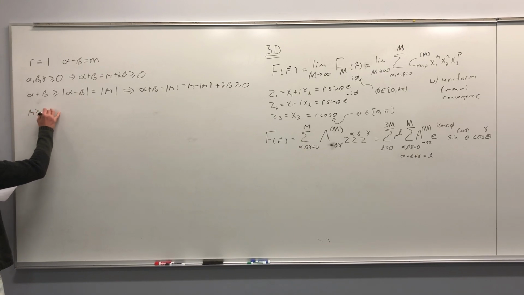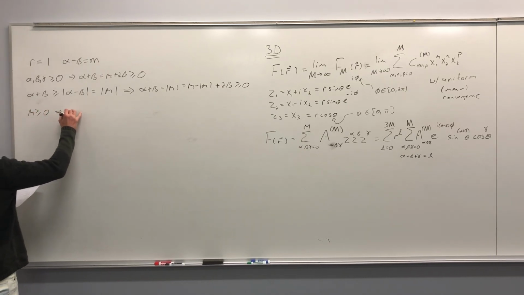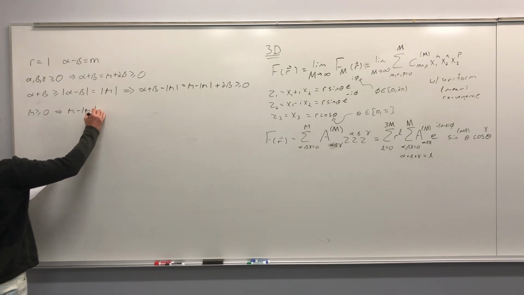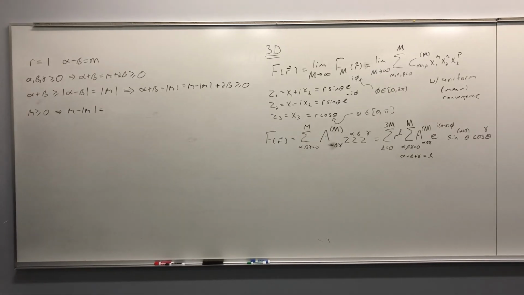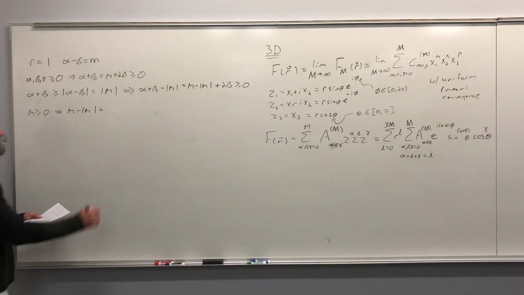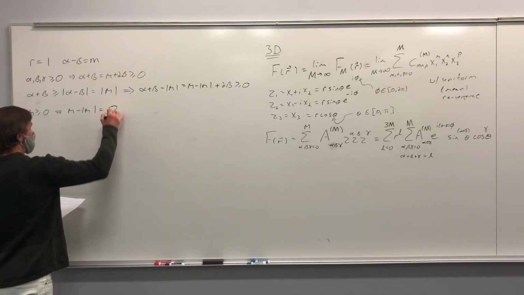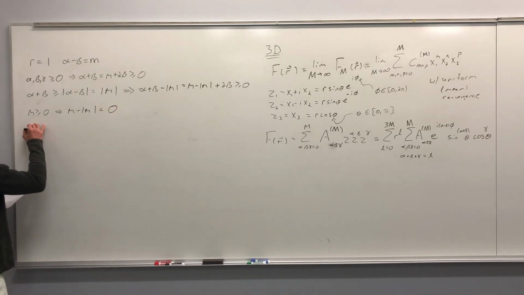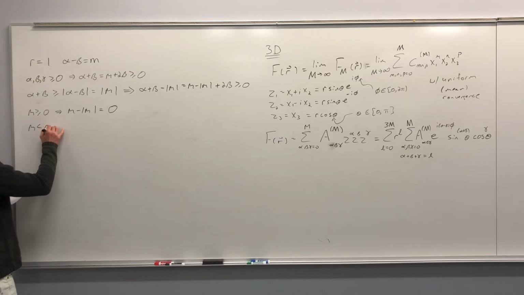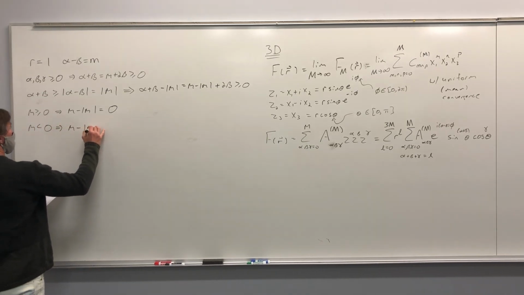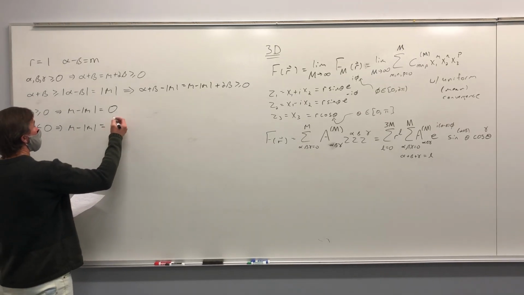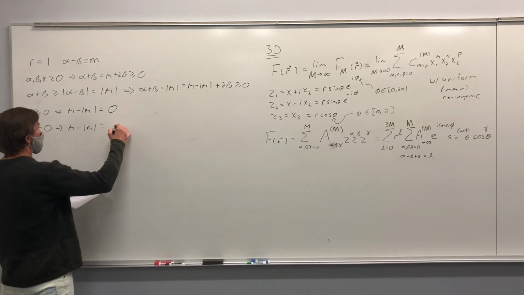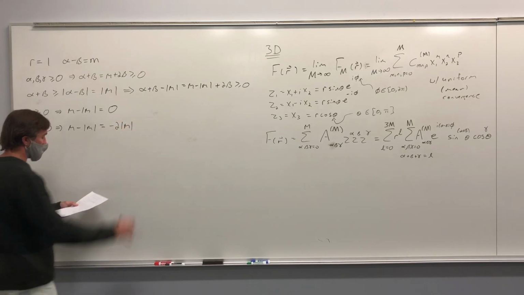If m is greater than 0, then m minus the magnitude of m equals what? 0. It's not a tricky question. If m is less than 0, m minus the magnitude of m is what? 2m. Yeah, which I could just as well write like that.